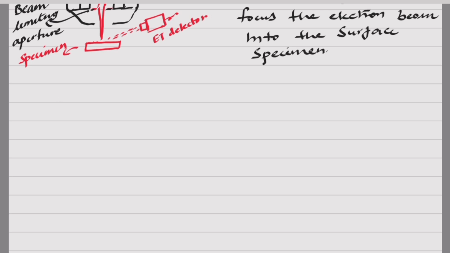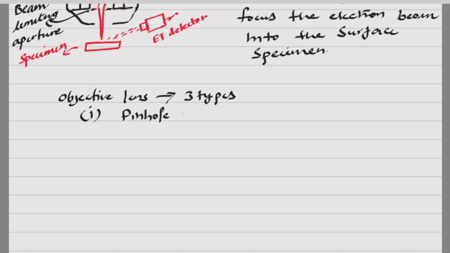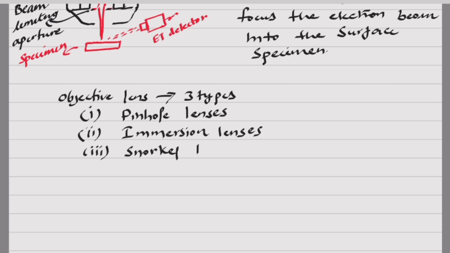Objective lenses are mainly of three types. The first one is the pinhole lens, the second is the immersion lens, and the third one is the snorkel lens, which is a combination of both pinhole and immersion lenses.